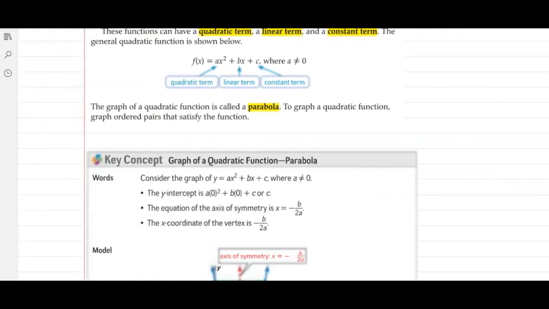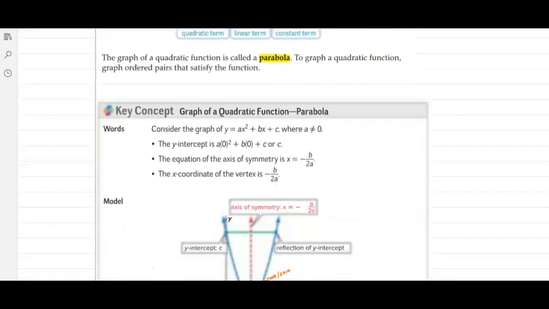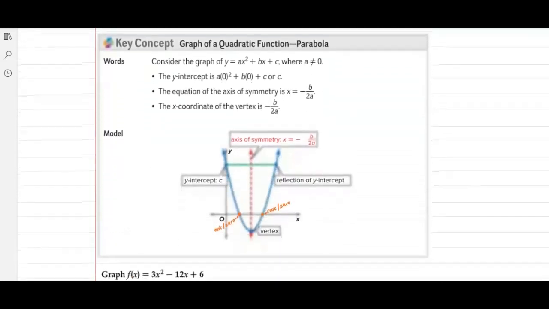All right, so let's go back to our notes, the notes that are part of your guided notes, and start taking a look at some of these key features that will help us graph. If you recall, with these lines that we just graphed, 2 points was sufficient. We always got the same line if we had 2 points. With a parabola, that's not enough. We need more than 2 points to get the shape.